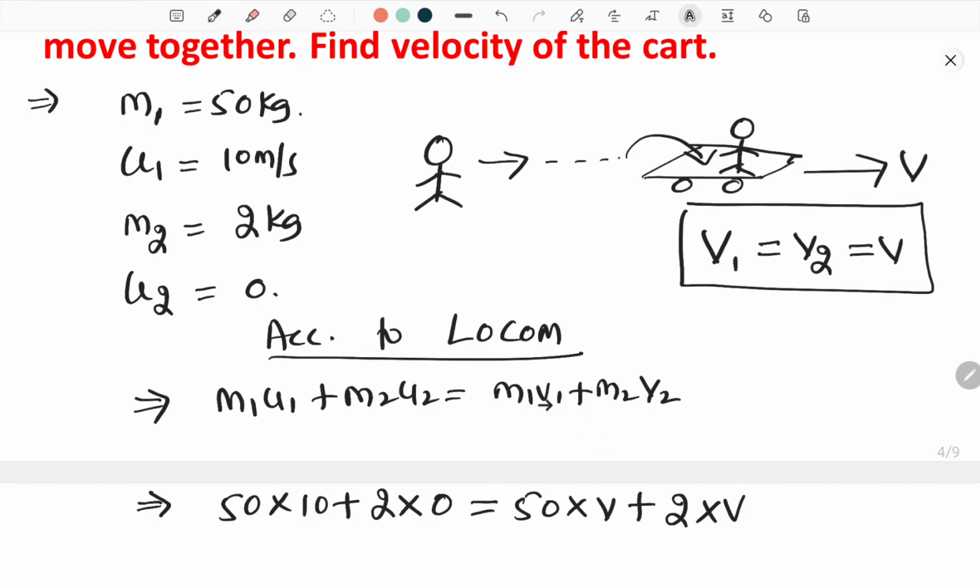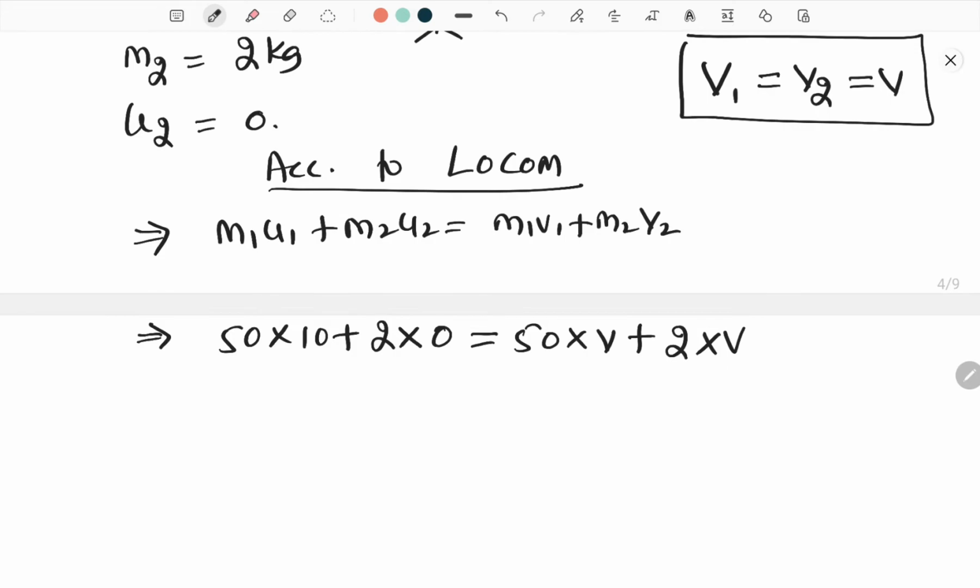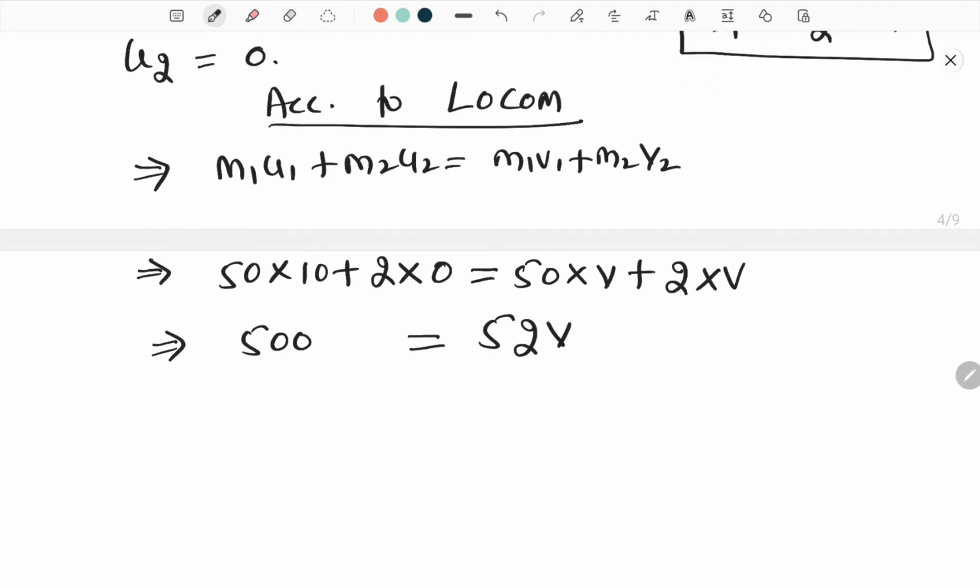V1 and v2 are both the same. So it becomes 50 into 10 is 500 plus 2 into 0 is 0, you can neglect it, so 500 is equal to 50v plus 2v. That is 52v. Correct? Now let us keep v there and 52 this side, so 500 divided by 52.